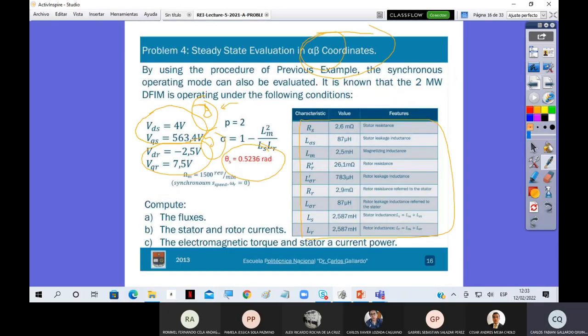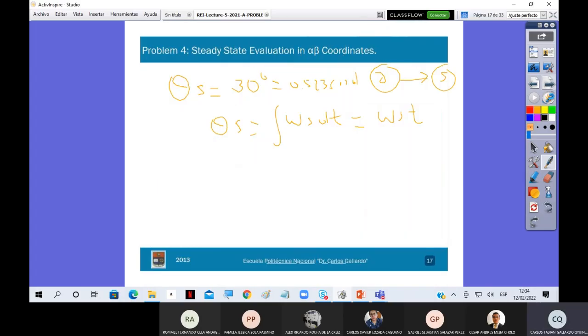For this problem, the frequency of operation is 50 hertz. Therefore, I will compute the speed. The speed is equal to 2 times pi times the frequency, which is 2 times pi times 50, and this is equal to 314.1592 radians per second. This is the speed.